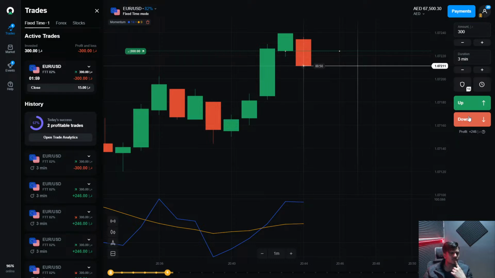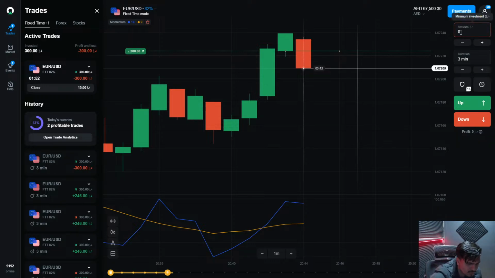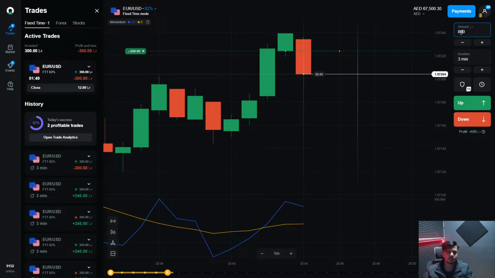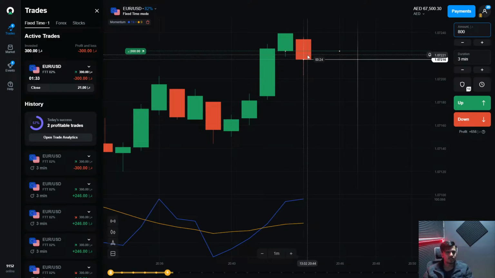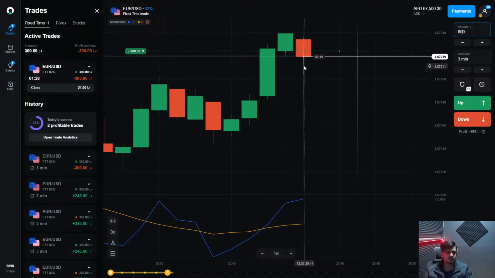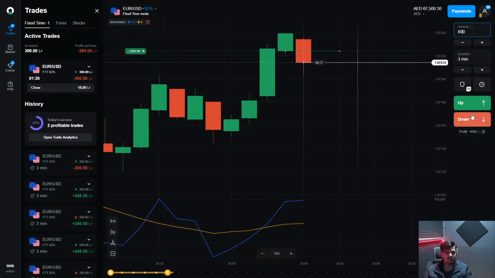Let me do two things. 1 minute and 43 seconds is still remaining, guys. If I lose this trade, then I will make a new trade with this amount, 800. It's not too far above, it's still moving in the downward direction, but I can make a trade here.